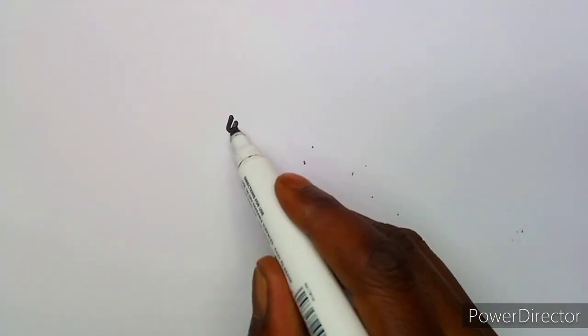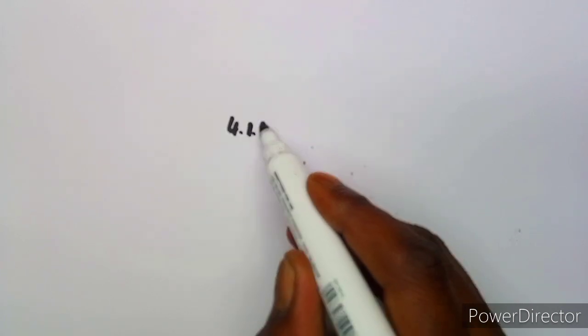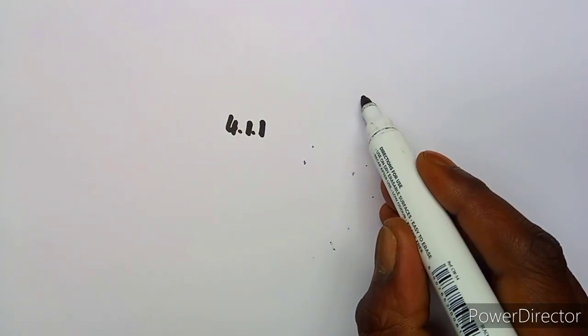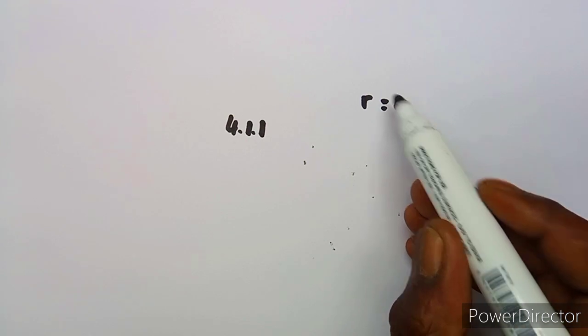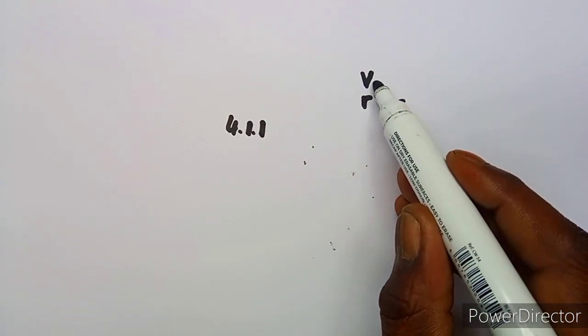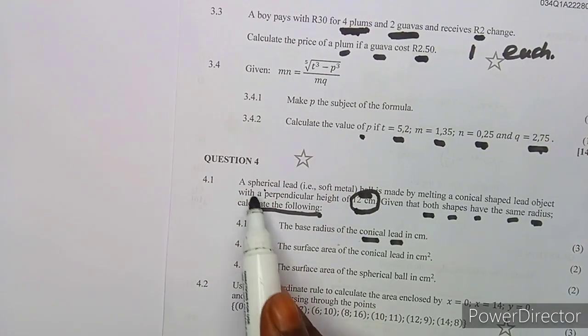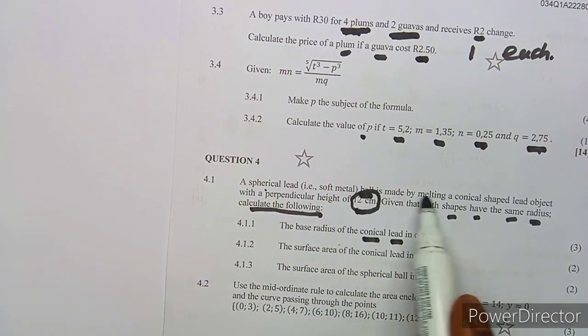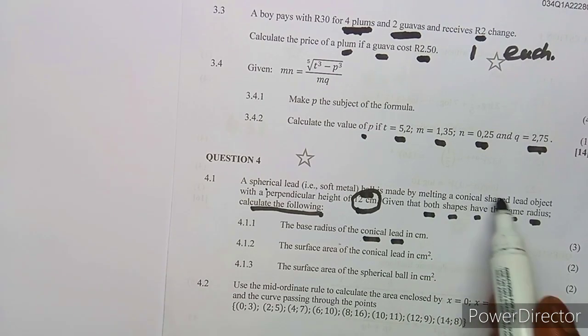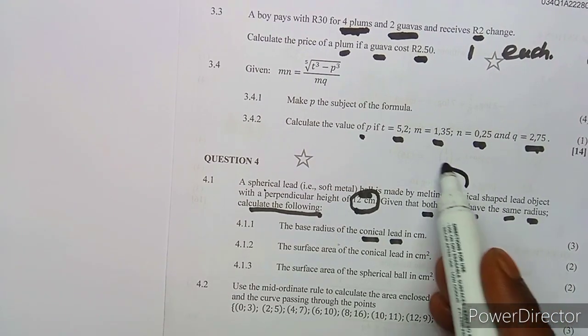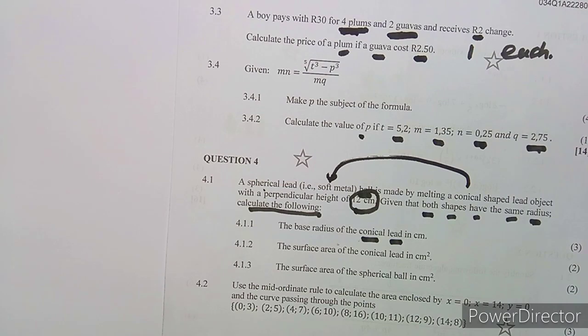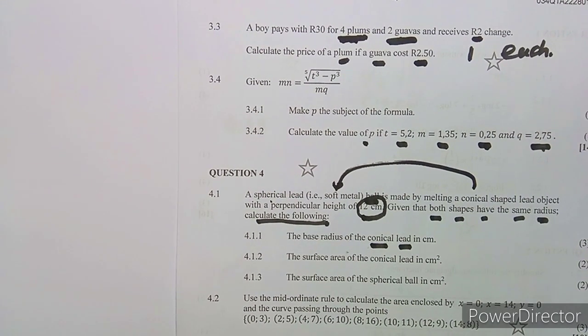These two, they have got the same radius. Also their volumes are the same. Why? Because this spherical ball was made by melting the conical shape, so the volume is the same. There's nothing that changes by melting.